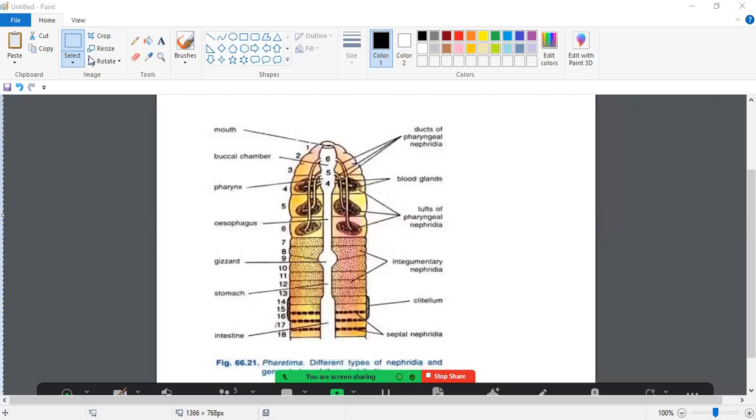I just looked at the picture, but I couldn't highlight anything.